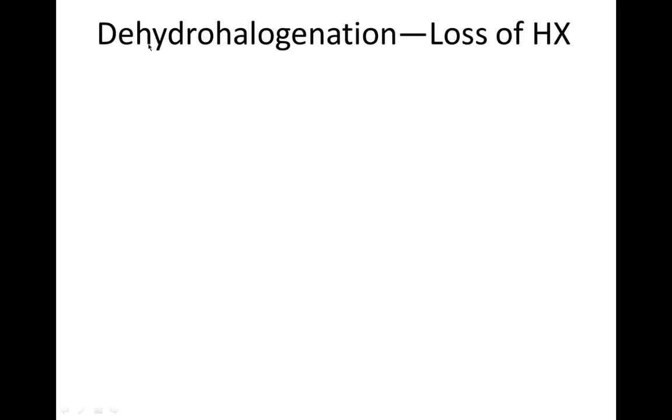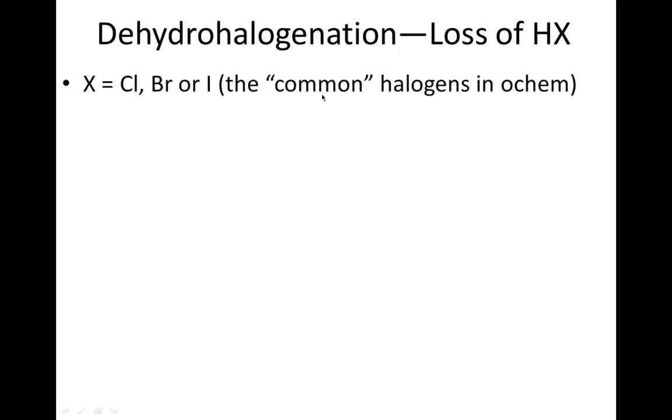So we're taking away the elements of HX, and that's what this word means. And by X, we're going to normally be talking only about chlorine, bromine, or iodine. So I'm going to call those the common halogens in organic chemistry. Sometimes we'll talk about fluorine, but not very often.